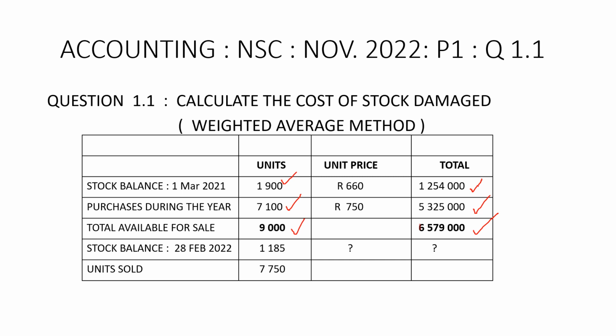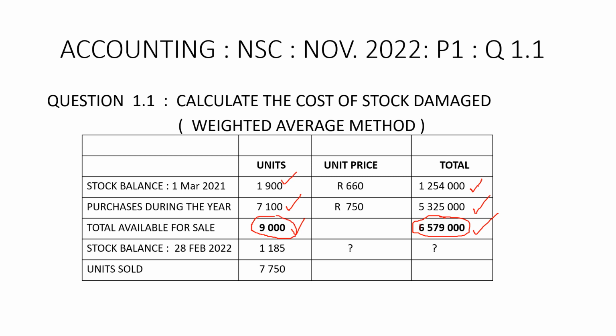Now to calculate the average price, what we do is we take the rand value, which is 6,579,000, and we divide by the number of units available for sale, which is 9,000.